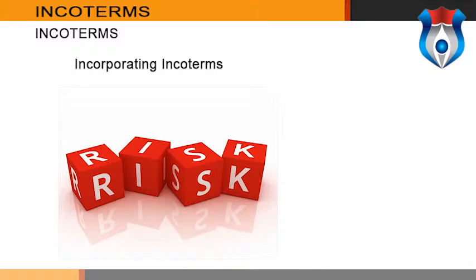It is important to ensure that where the protection of Incoterms is intended to be incorporated into a contract of sale, an express reference to the current edition of Incoterms is always made. Alternatively, suitable wording can be included in the contract stating that the contract is subject to Incoterms 2000.